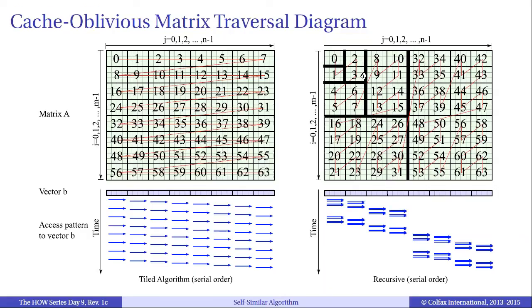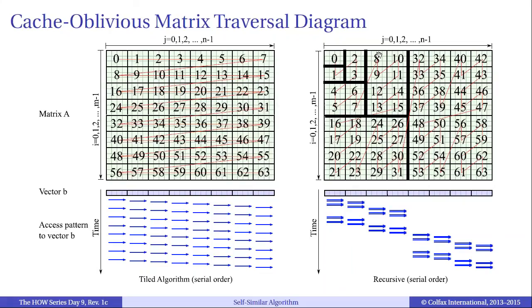This kind of approach, recursive divide and conquer, recursive cache oblivious algorithms, can be applied to a number of algorithms. A very famous one is the Cooley-Tukey algorithm for discrete fast Fourier transforms.